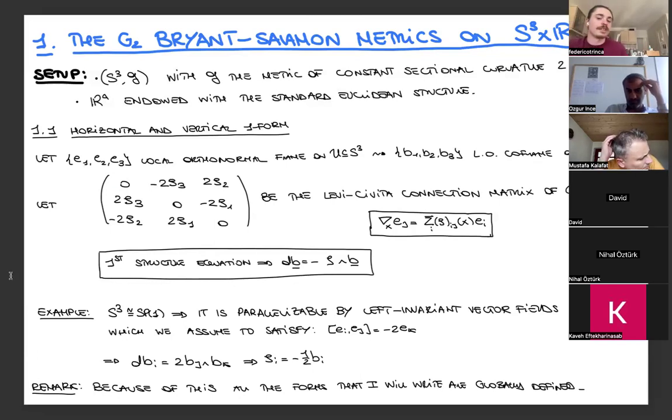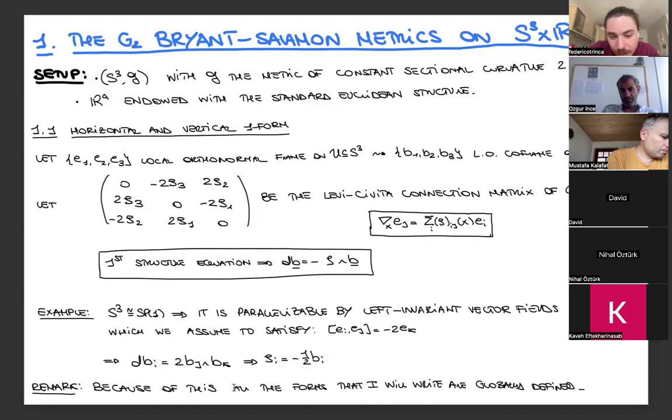In particular, this implies that our coframe satisfies the equation dβ_i = 2 β_j ∧ β_k, where ijk is a cyclic permutation of 1, 2, 3. So ijk is 1, 2, 3, or 2, 3, 1, or 3, 1, 2. Given this equation, you can check, using the first structure equation, that the ρ_i's are equal to -1/2 β_i in this context.